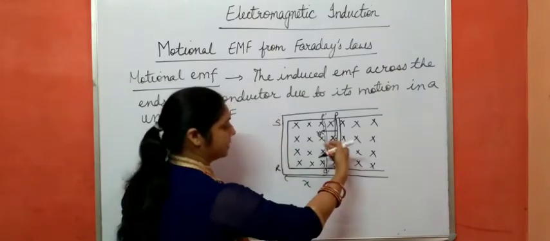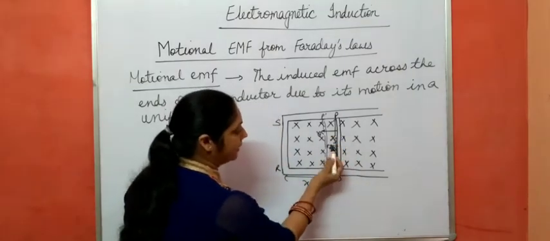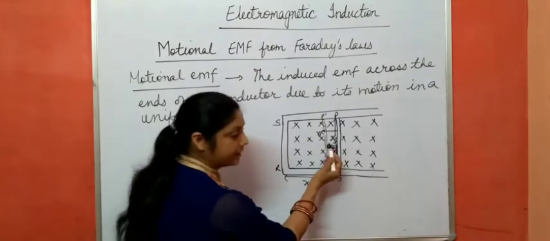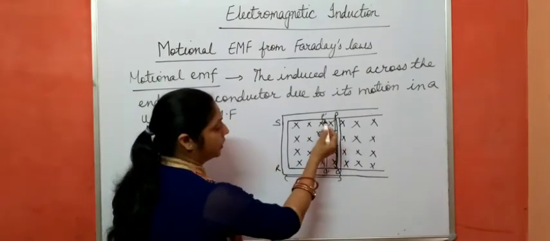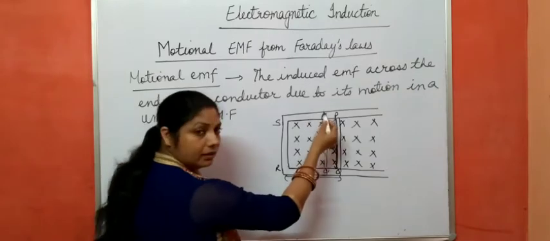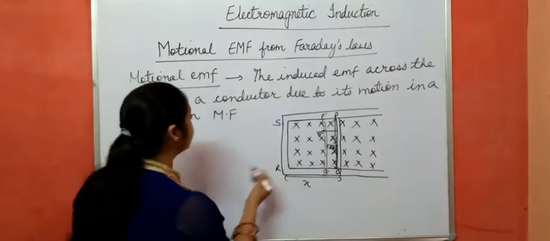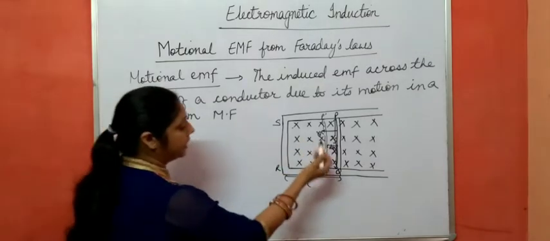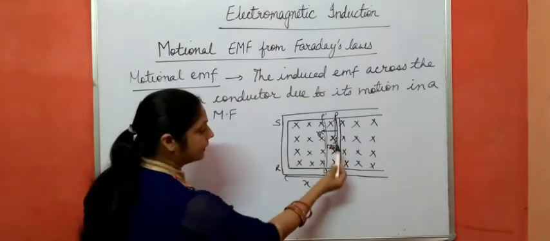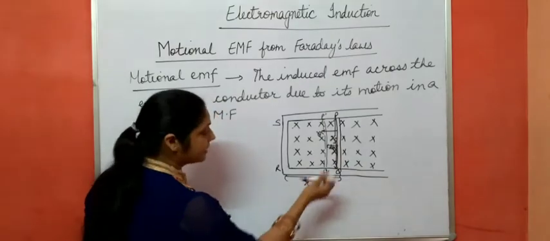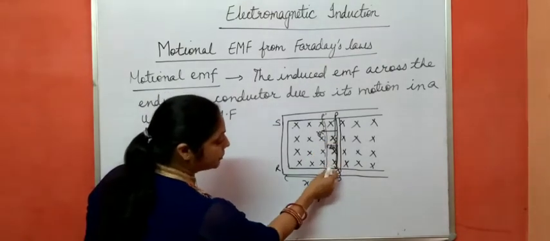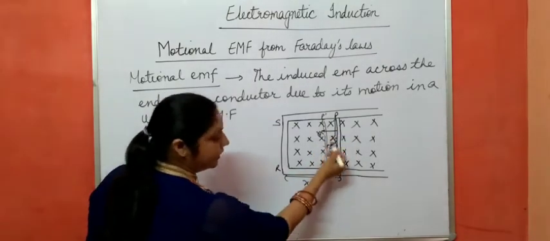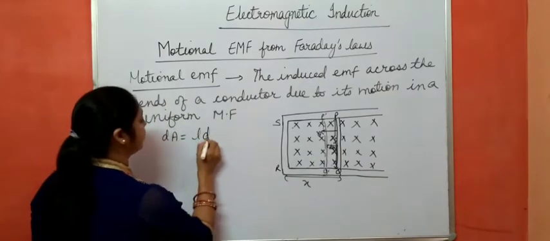So the area of this loop changes. What is the change of the area, dA? Area is length into breadth, L into x, and as it moves through a distance dx, the change is L into dx, right?